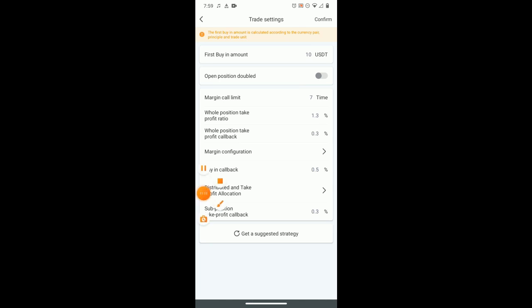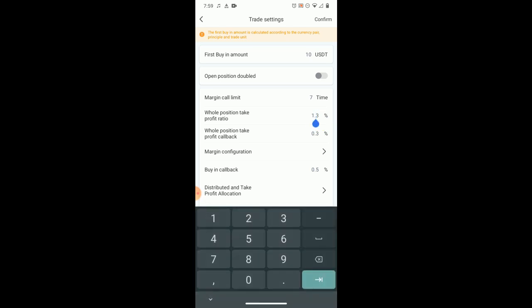Then this whole position take profit is your take profit. This is your take profit, 1.3%. It is editable. Okay, you can edit it to whatever you like. You can put it to 5%, but I leave it at 1.3% to make it easier for me to just accrue the profit easily.